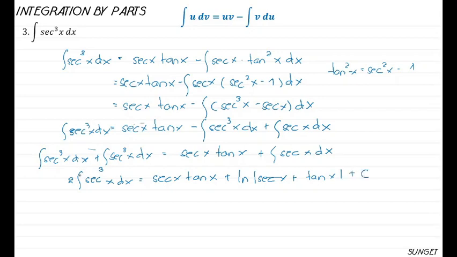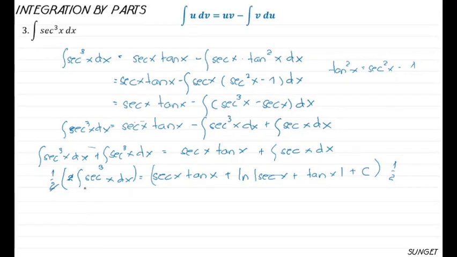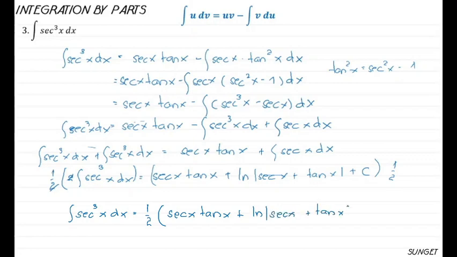Then multiply both sides by 1/2 to cancel. So the integral of secant cube x dx is equal to 1/2 times secant x tangent x plus ln of secant x plus tangent x plus c.